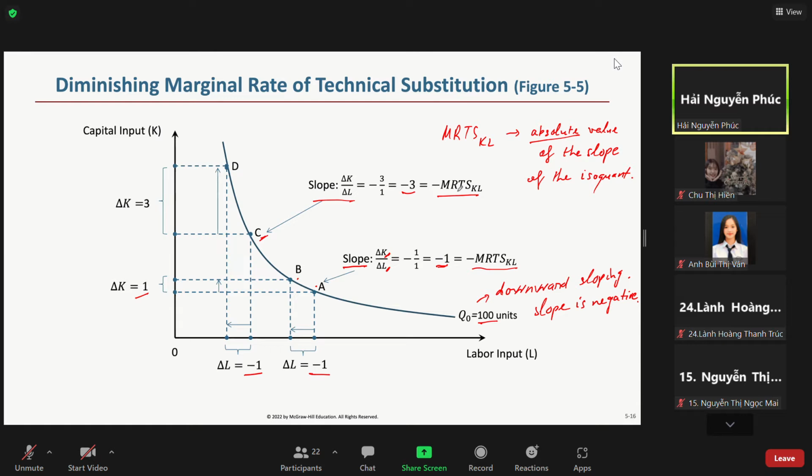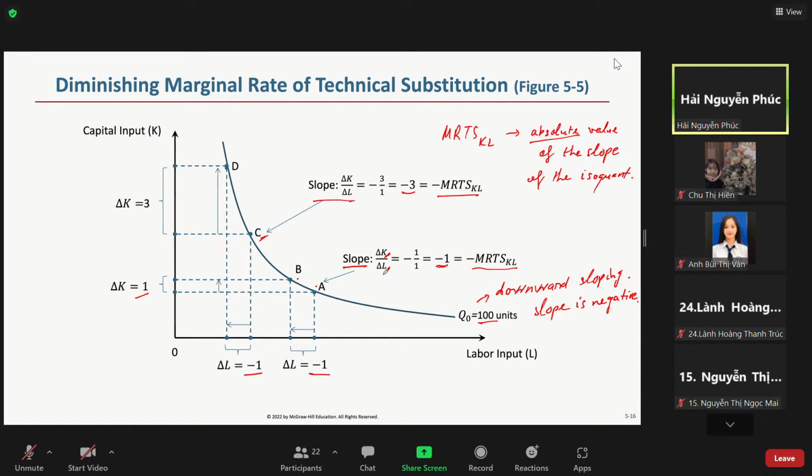We decrease the use of labor input by 1, then we have to use more capital input. We have to use 3 units of capital input to maintain the same level of output.